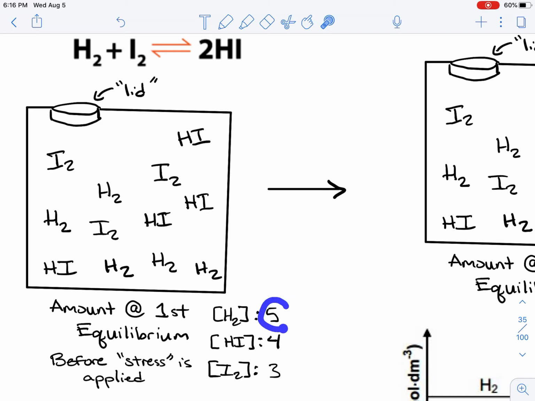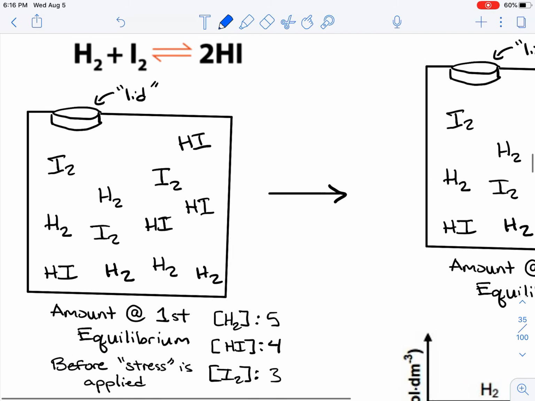Here we have 5 hydrogen gases, and notice how there's no units. You can either put in 5 molecules or 5 moles or whatever. I'm just keeping it open for now. So we have 5 H2 gases, 4 hydrogen iodides, and 3 iodine gases. This is the equilibrium concentrations for this specific reaction before the stress is applied.